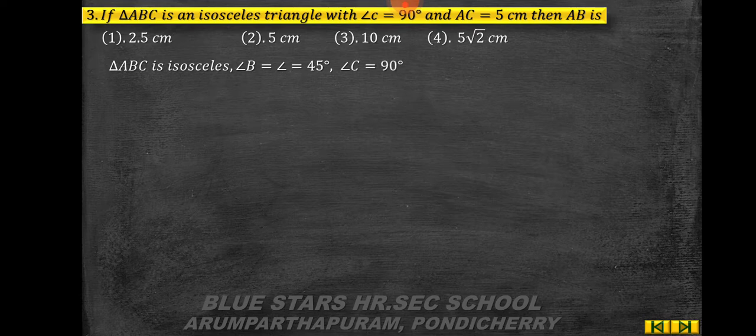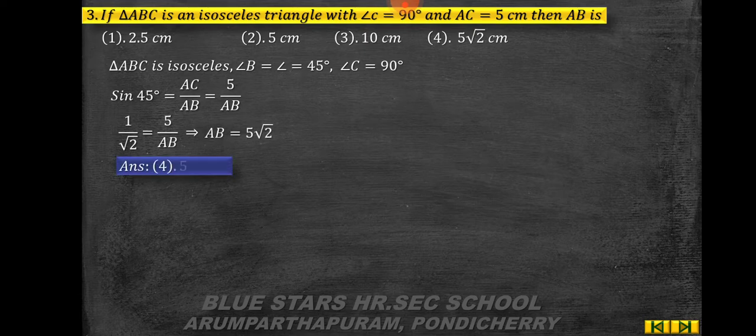Then angle C is 90 degrees. Since sin 45 degrees is equal to AC by AB, which is equal to 5 by AB, and the value of sin 45 degrees is 1 by root 2, 1 by root 2 is equal to 5 by AB, which implies AB is equal to 5 root 2. So the correct option is option 4. The answer is 5 root 2 centimeters.